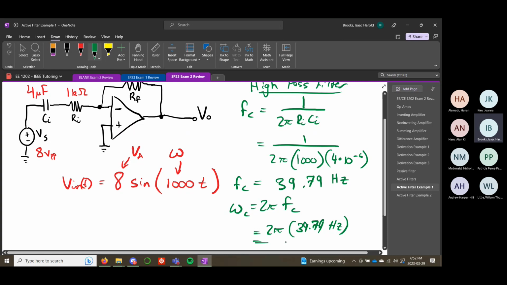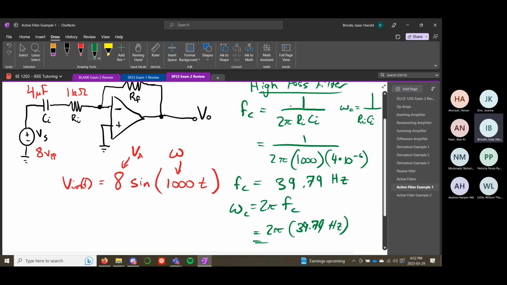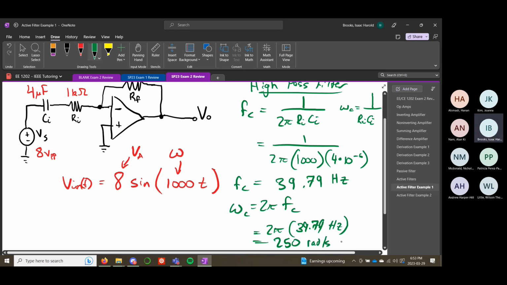Or if you knew that you wanted to do this from the beginning, you could just ignore this factor of 2 pi, because we were going to multiply 2 pi on this side to get omega, and the 2 pi's would cancel out. But this is just getting us to do more steps and more math. I get that omega c is 250 radians per second.